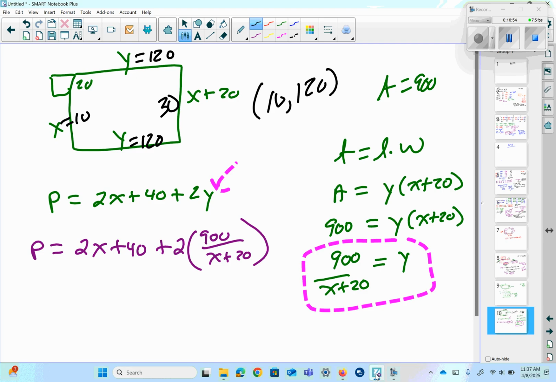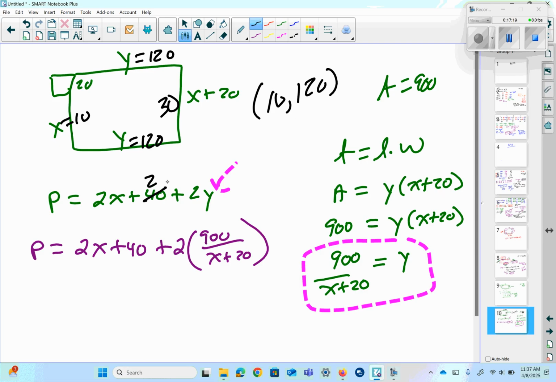No, I think you might be onto something. So you're saying for the perimeter where it's 2x plus 40, it should be 2x plus 20? Yeah, but I wouldn't be using that top 20, would I? Am I right thinking that? Is that what you're saying?